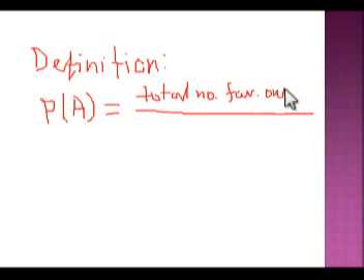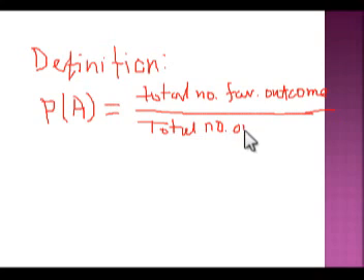And the incident in which you are doing the taking place, the total outcomes of the incident, is the denominator: the total number of outcomes.